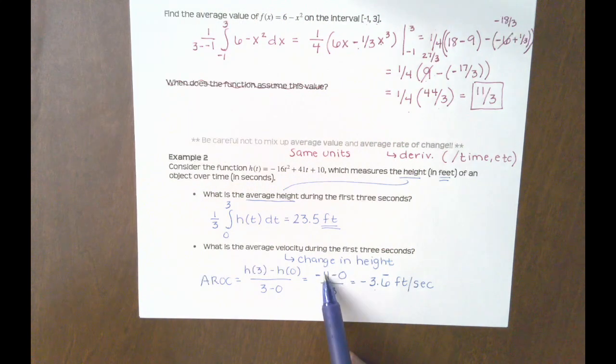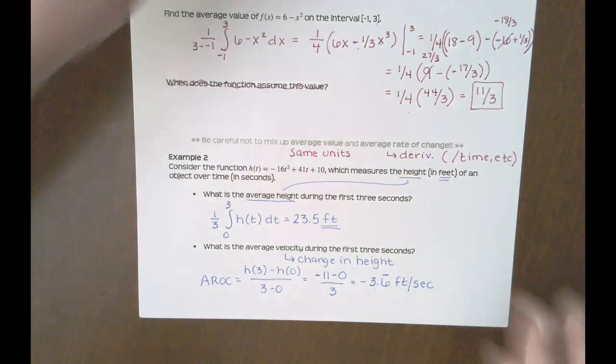The height at 3 seconds being negative is a little bit weird, but again, if we're calling like 0 the top of a building and I'm falling, right? Then we could consider that to be a negative height. But this is a negative velocity, okay? This is an average velocity, and that means on average, I'm moving this quickly in a negative direction, which probably means that I'm heading downward, okay? So that does explain the negative height.